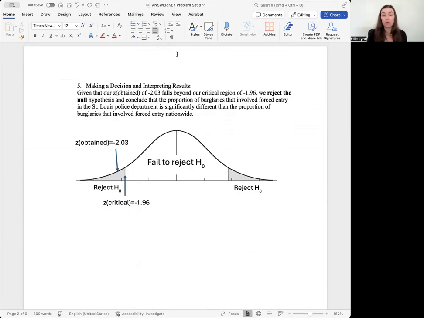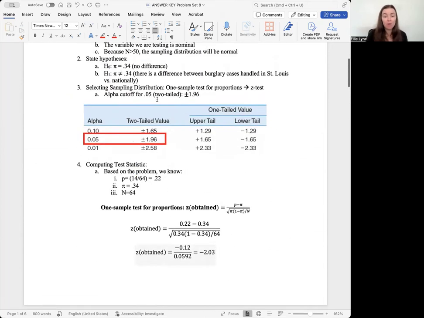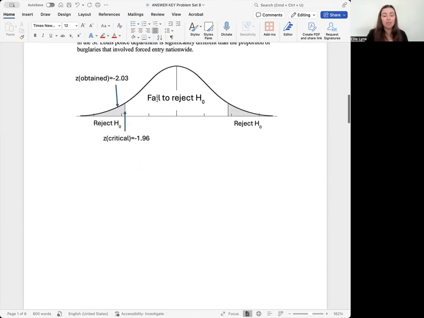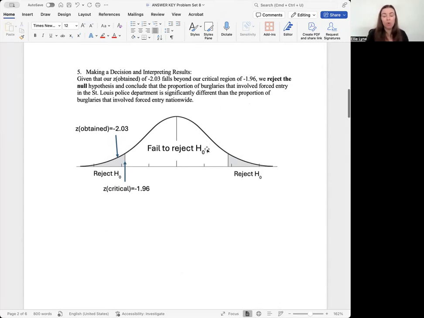I always find it really helpful to chart this out in a standard normal curve format. I do this all the time with these types of problems. What we set up in step number 3 were our critical value boundary points, and that's what I have here. The shaded regions are our rejection regions, and the white region is our fail to reject region.